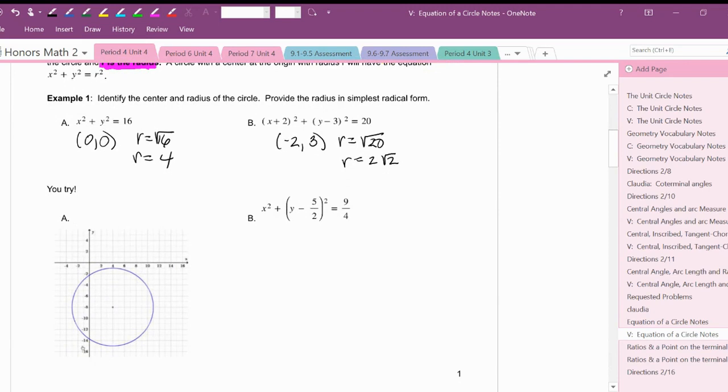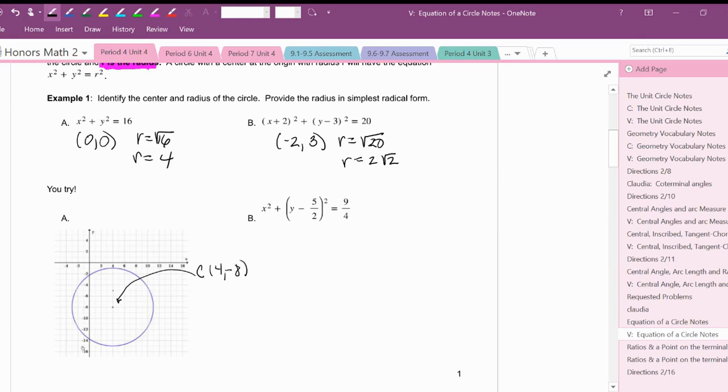Right, there's 2 for you to try. So pause the video and give these a try. So here the center has the coordinates 4, negative 8.